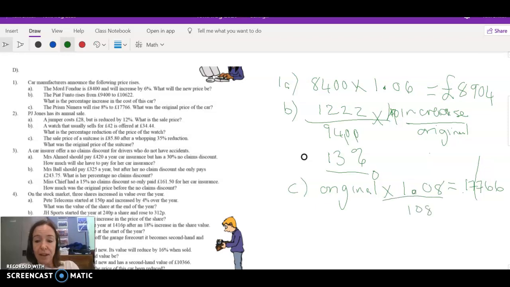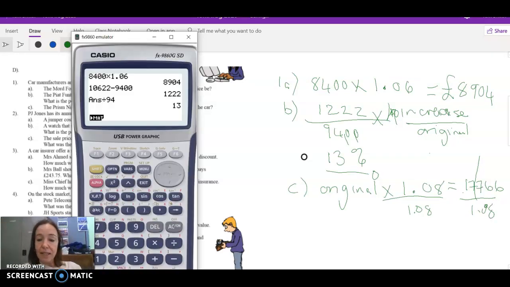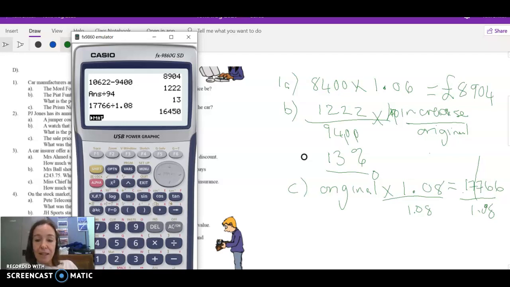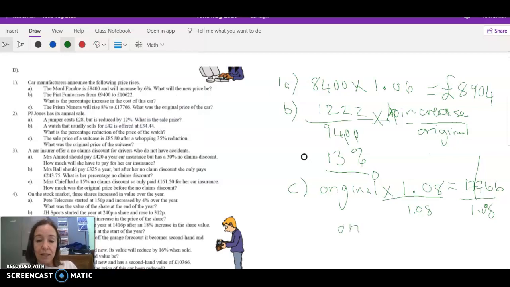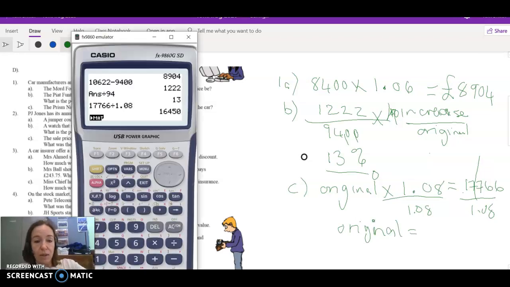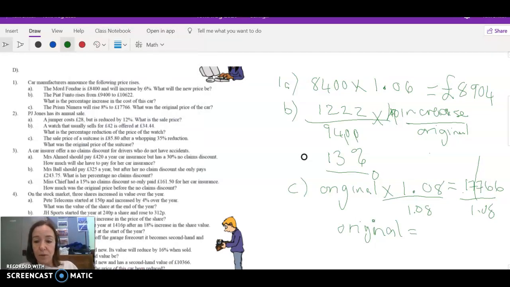So I have to divide both sides by 1.08, and I'm just going to get out my trusty steed, and it is 17766 divided by 1.08, and that means my original price is equal to 16450. If you put dollars, it's not really a problem, but it is in pounds in the original question because it's an English workbook.